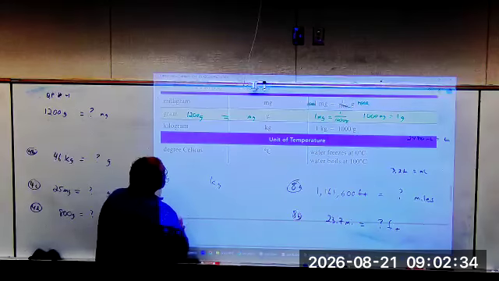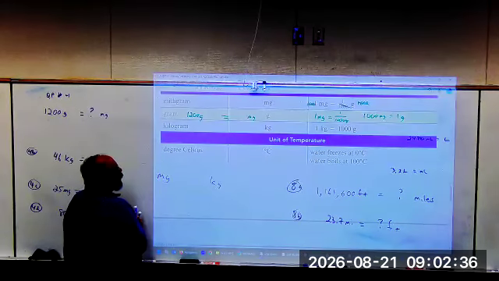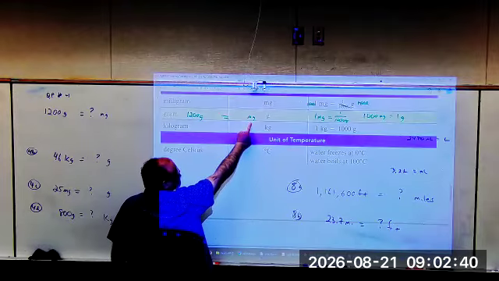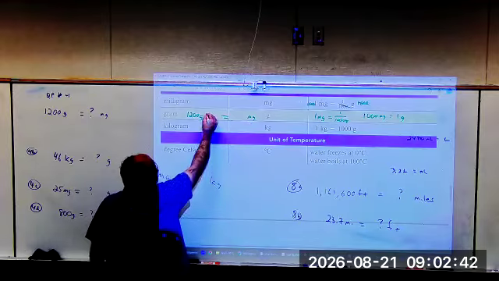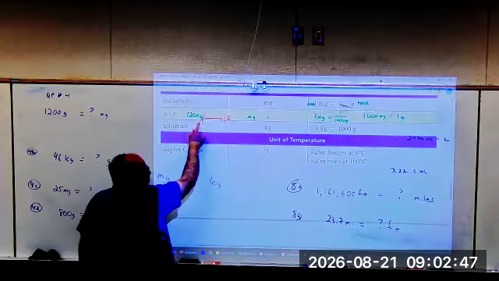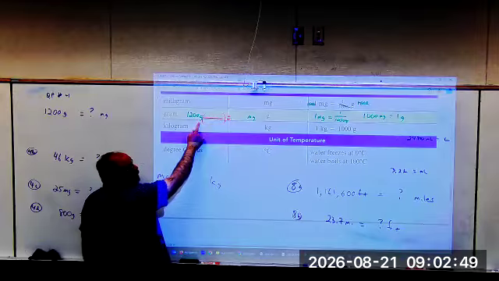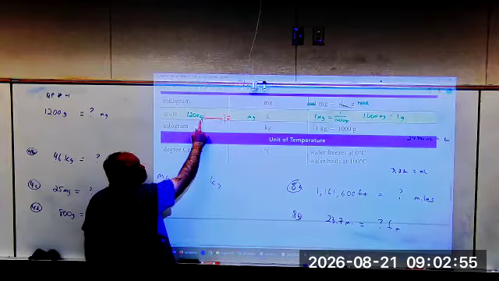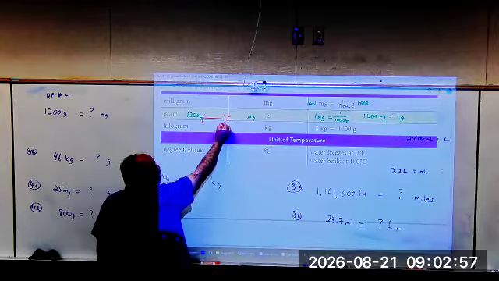So the question is, I don't want grams anymore. I want milligrams only. So am I going to multiply by grams or divide by grams? Divide by the G. So the G will cancel.